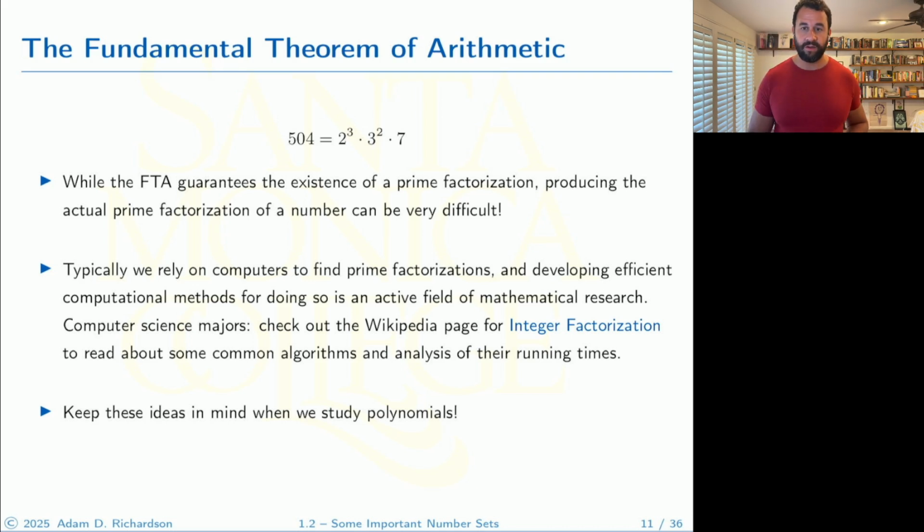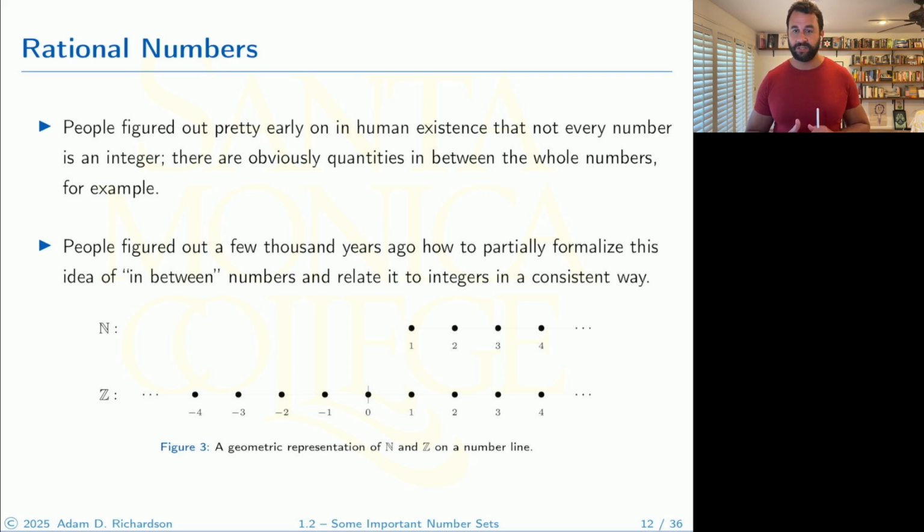Okay, moving along. Now let's talk about the rational numbers. People figured out pretty early on in human existence that not every number is an integer. There are obviously quantities in between the whole numbers, for example one half or three fourths.